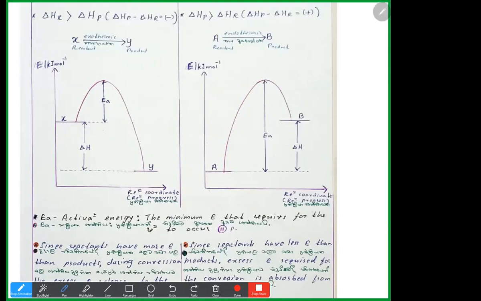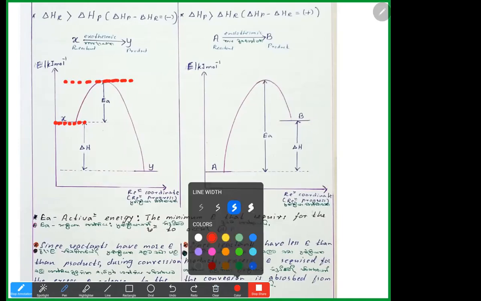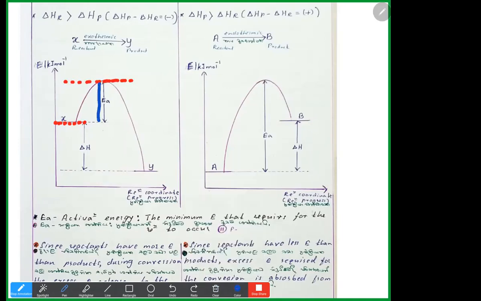How do we mark activation energy? And you guys know now this is the transition state. This is the transition state for endothermic. Okay, so for activation energy, we mark the reactant energy level and the highest energy level on the energy profile.